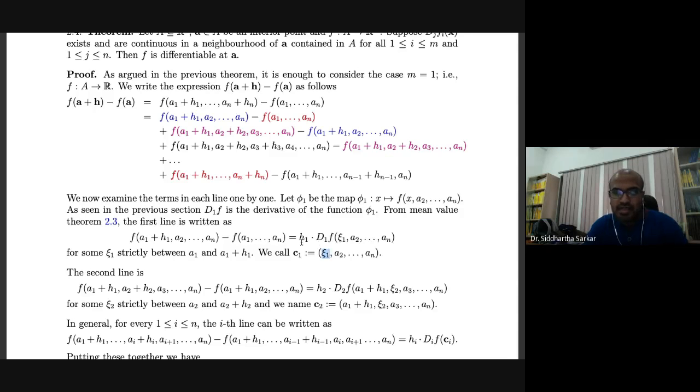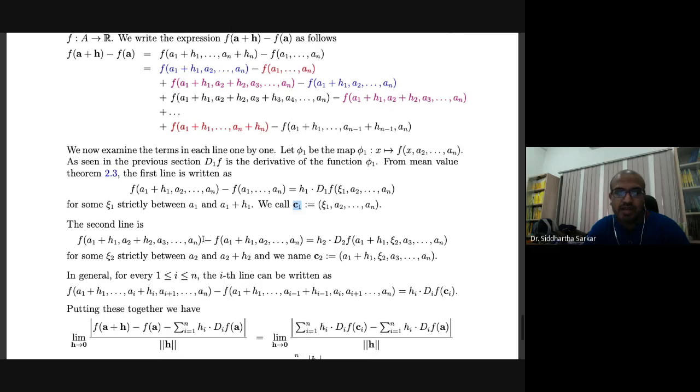Okay, so if I have this particular equation, I'll keep it this way, and for the sake of convenience, I'll name it. I'll call the vector (xi1, a2, up to an) this vector c1. So this says that the first line of this expression should be written as h1 times d1f computed at this particular vector c1.